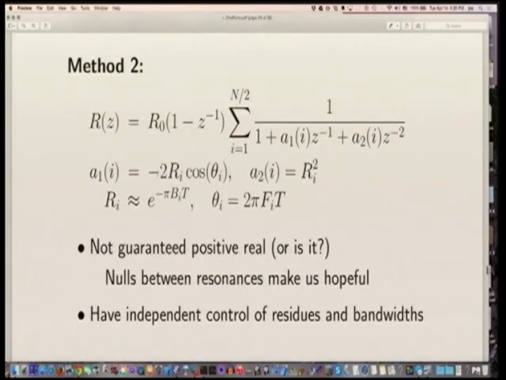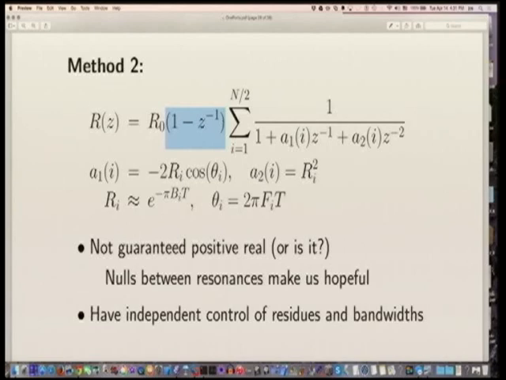Now method 2 is a little more accurate. It gives you a little more control. And that is you just use this alternating zero property to try to do the right shielding. So here's a biquad that's a 2-pole. So it's going to have 2 resonances. And they're complex conjugate pairs. And so we put a 0 right between them at DC and figured that might work, right?